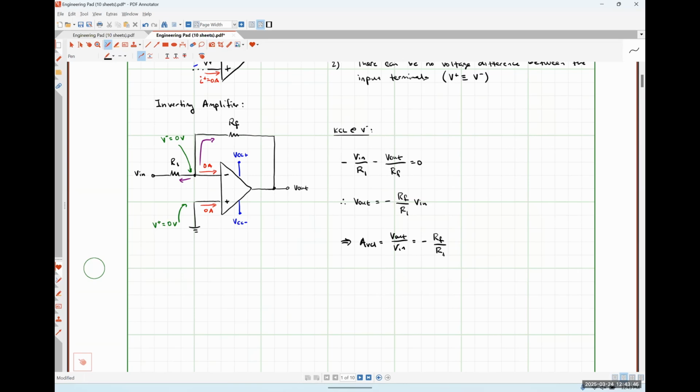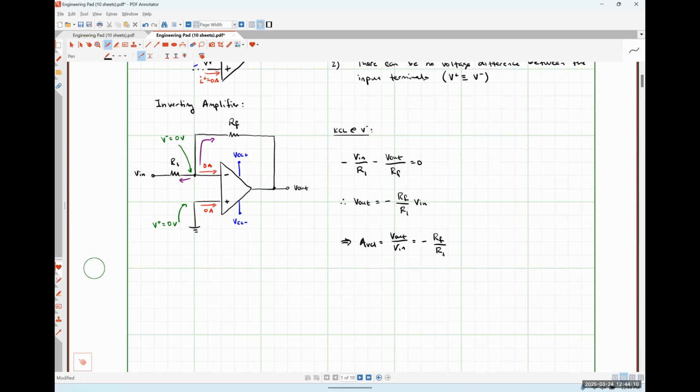And so that would typically be time varying signals that are boosted. In this particular case with our inverting amplifier, we can make our output signal larger than our input signal by having RF larger than R1. Or we can actually use it to attenuate signals, or make them smaller than the input, right? If RF is smaller than R1, then our output signal would be smaller than our input signal.